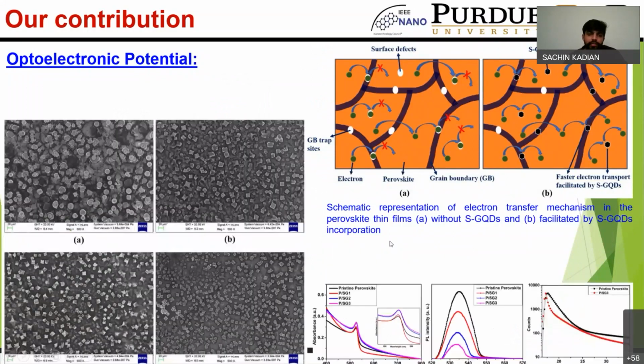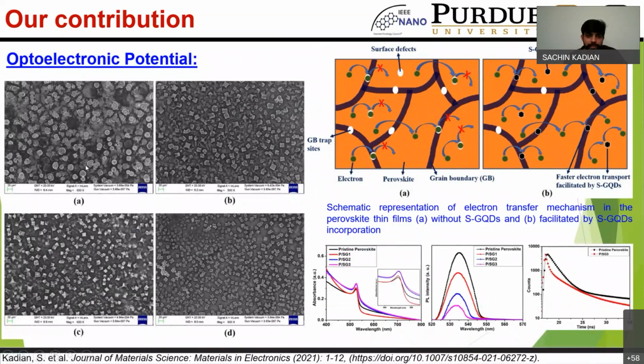First we characterized the surface morphology, and we came to know that SGQDs are also providing centers of nucleation to the perovskite for good growth. We also found that it is affecting the absorption spectra of pristine perovskite.